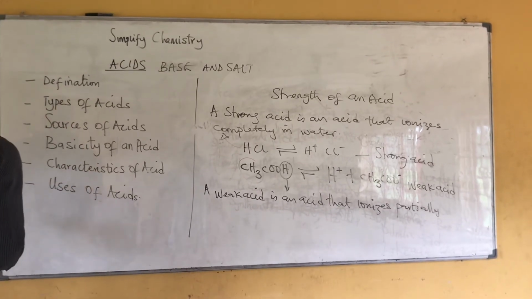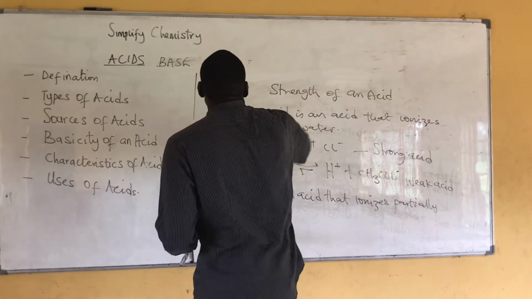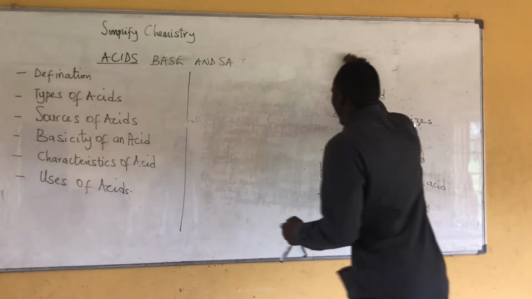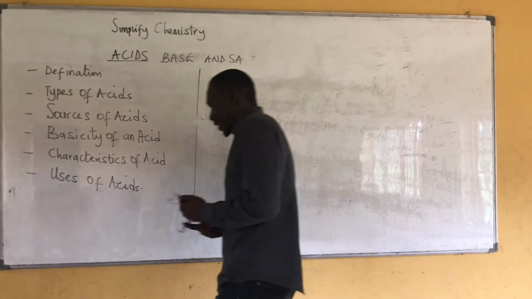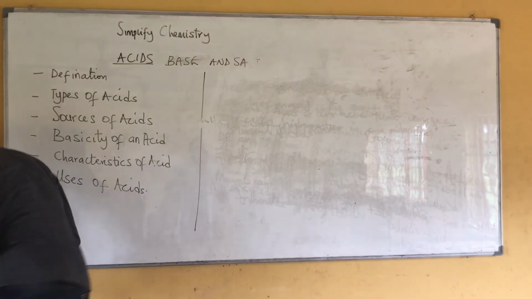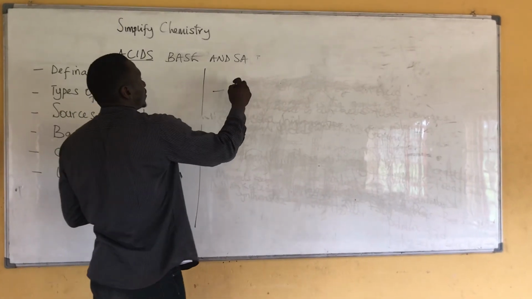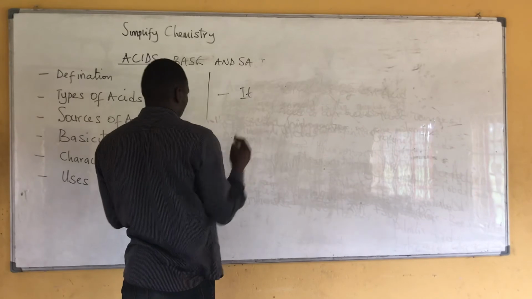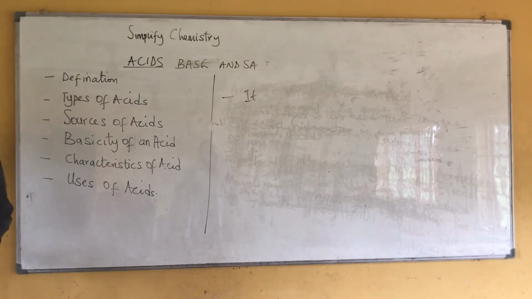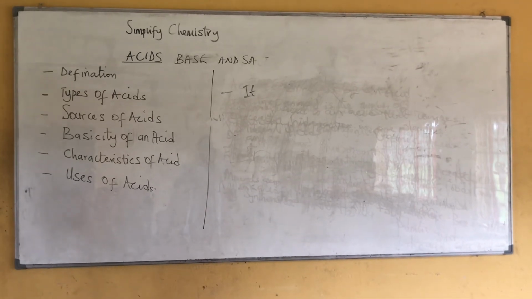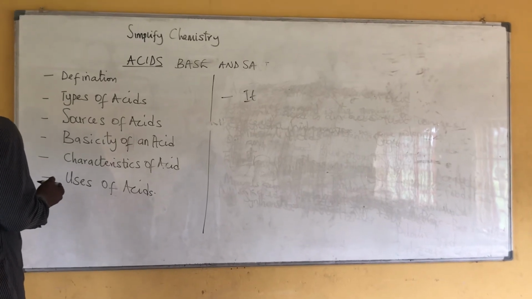Let's move on. Characteristics of an acid. Let's quickly see some common characteristics of an acid. It turns blue litmus paper red.